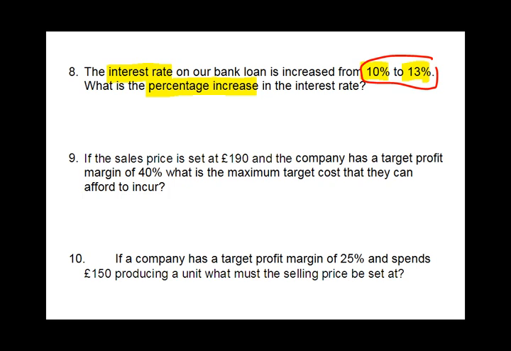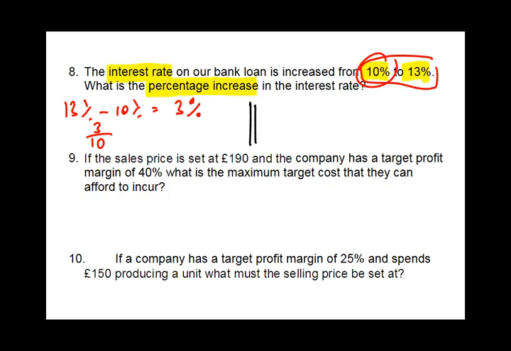Now, a bit like we've been doing in the previous examples, there's a couple of ways you can work this out. You can either look at the fact that if it's gone from 10 to 13, that is a 3 percentage point increase in the interest rate we're paying. But to work out what the true percentage change is, we need to divide by the starting point. The starting point is 10% here.